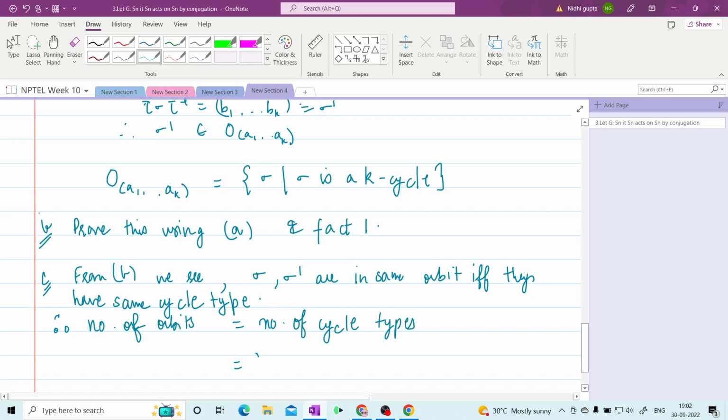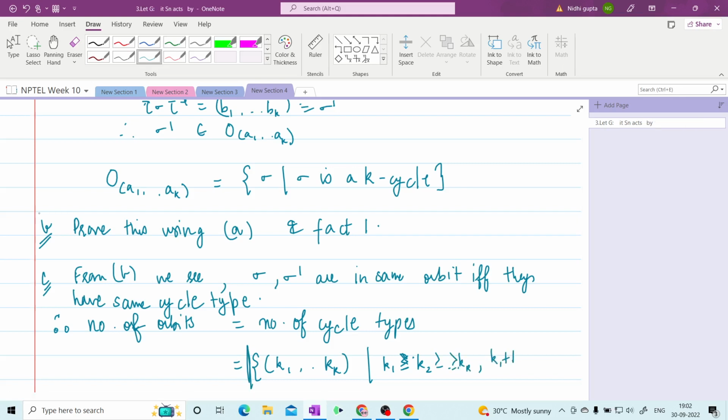That is, we have to count the set K1 to Kk such that this is an increasing sequence, and we have the additional condition that they should sum up to be n.